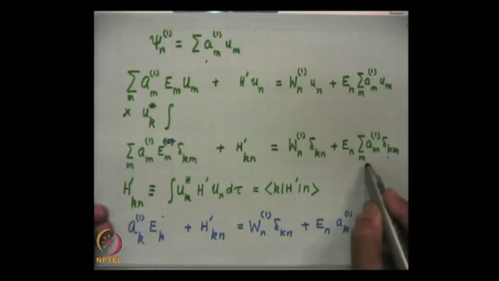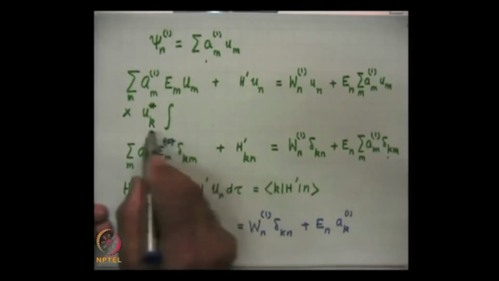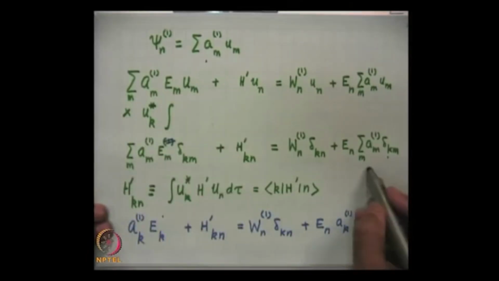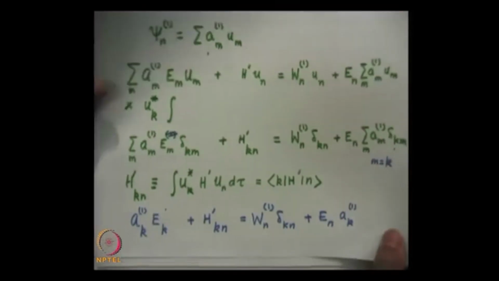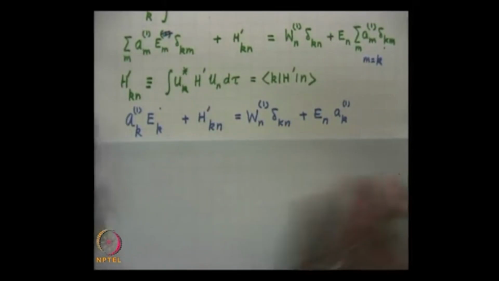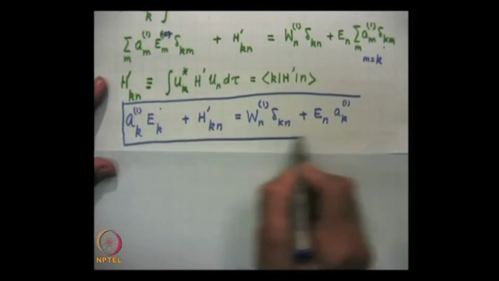Please remember, the sum is over m and k is fixed, k is u k star, maybe u 2 star or u 3 star. So only the m equal to k term will survive. This is a very important equation and we will be using it for the rest of our talk, so we will block this and try to remember it.